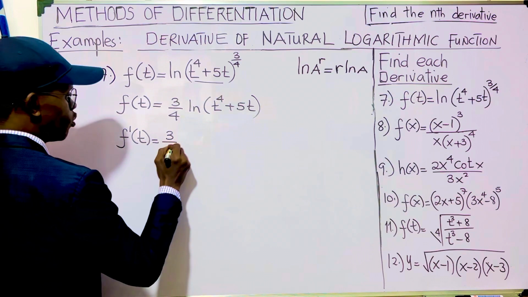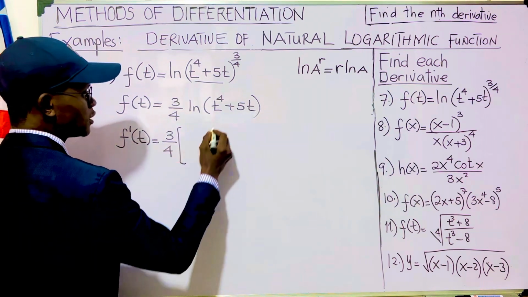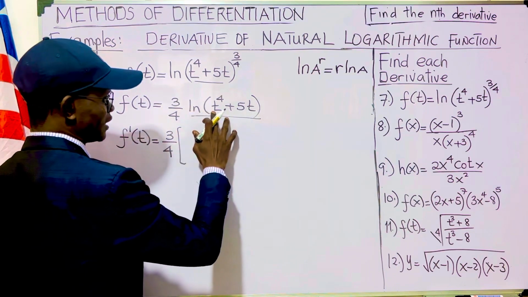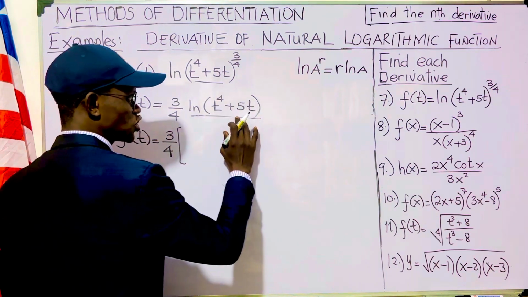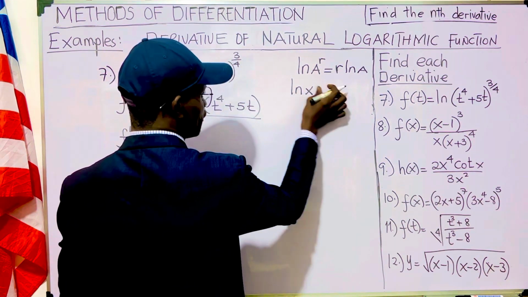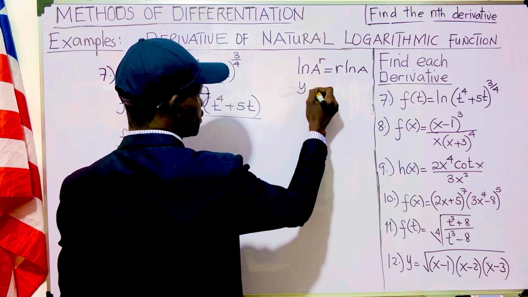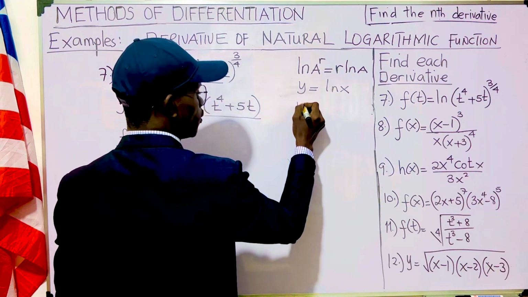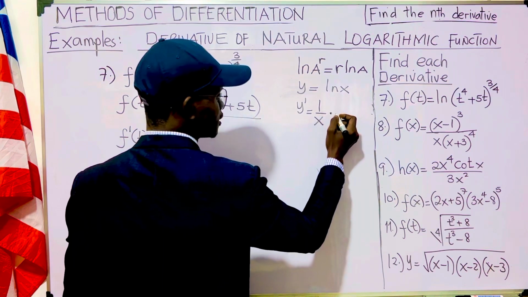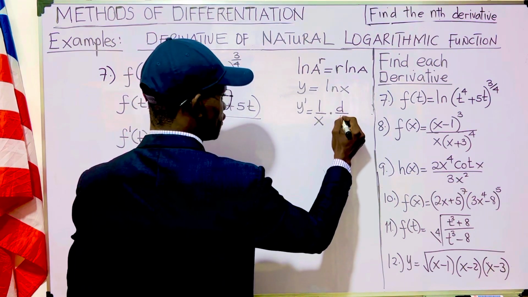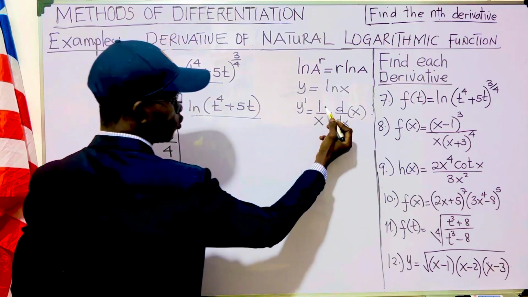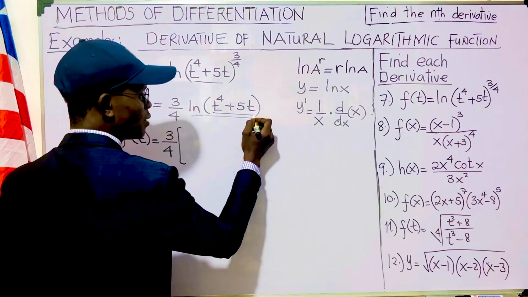So this is 3 over 4. We hold on to it and differentiate this ln. So the derivative of ln of a function. Now we told you, the derivative of ln of x: if y equals ln of x, y prime is equal to 1 over x times the derivative of x. So this entire thing represents x.